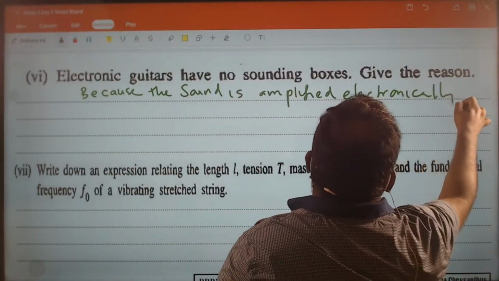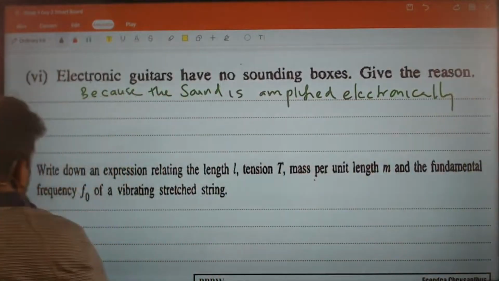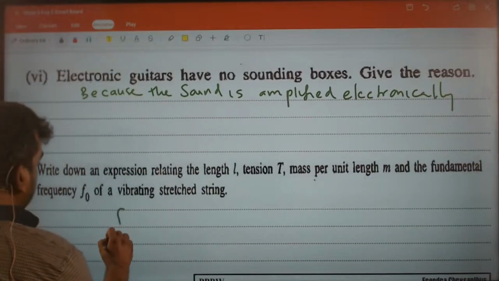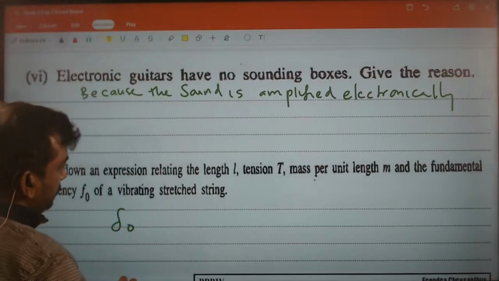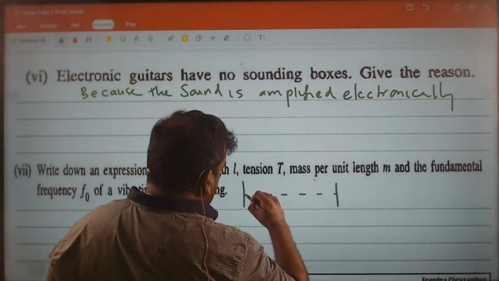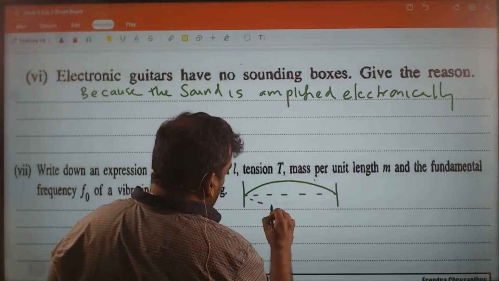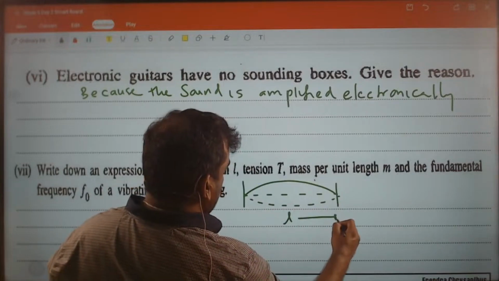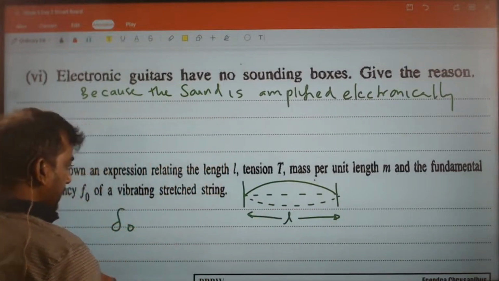Right. Write down an expression relating length L, tension T, mass per unit length, and the fundamental frequency of a stretched string. That means you must prove it. Here, for the fundamental frequency, the length is L. So what can you say?